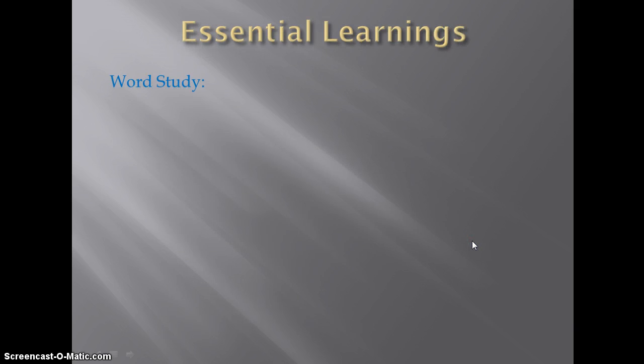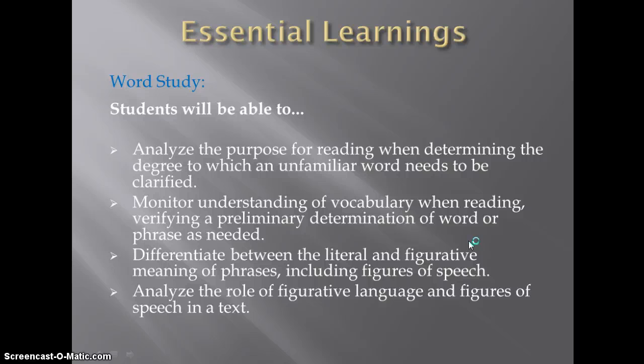The third category of essential learnings that you'll be looking at is word study. And this means understanding when you need to know which words need to be clarified, when you need that dictionary, monitoring your own vocabulary, figuring out from context what a word means, differentiating between literal and figurative meanings of phrases.